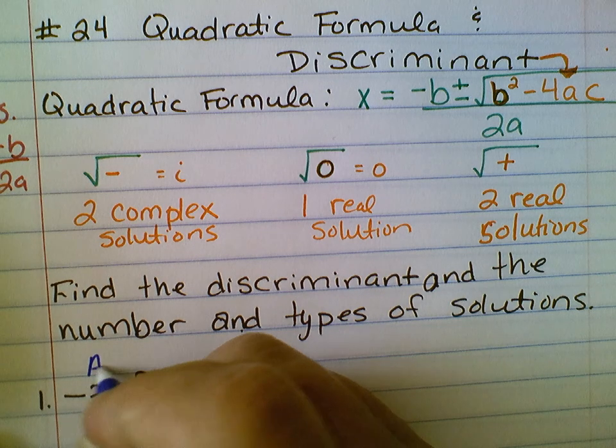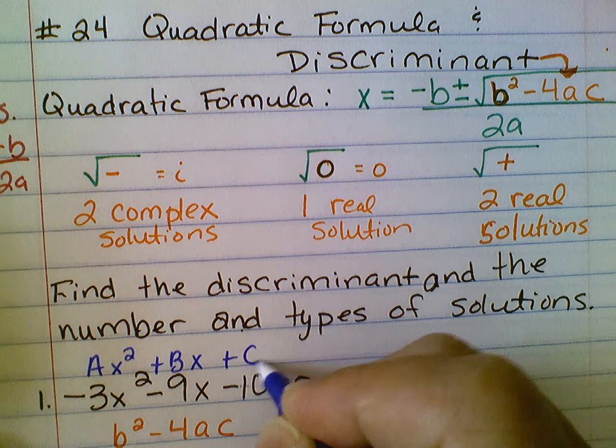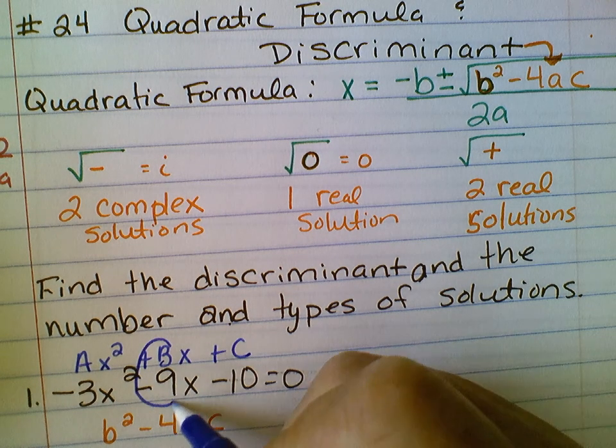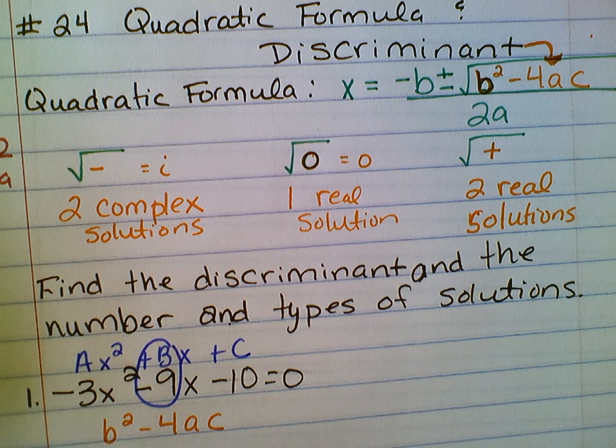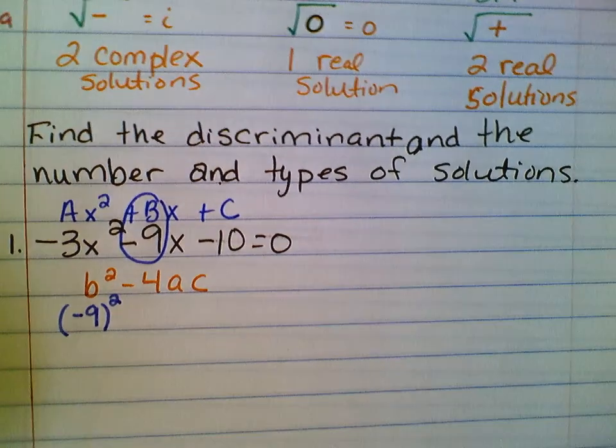So remember standard form, ax squared plus bx plus c. So what's my b? Negative 9. Be careful, make sure that negative 9 is both squared.